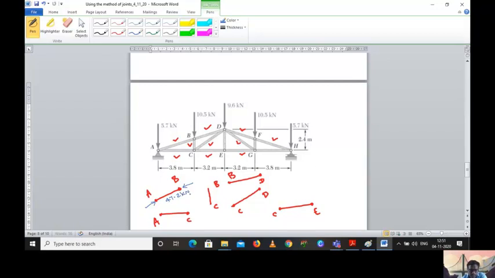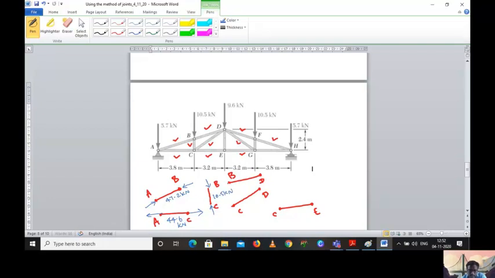the value is 47.2 kilonewton. Similarly, coming to AC, we have found it is in tension, and the value of AC is 44.6 kilonewton. BC is in compression, and the value is 10.5 kilonewton.